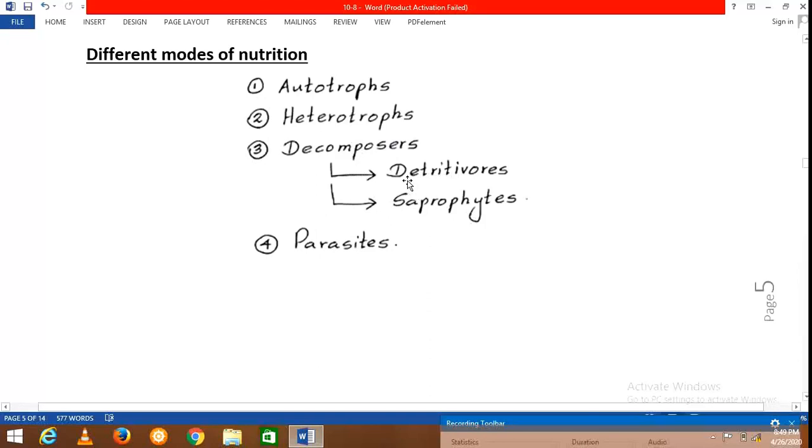Detritivores depend on dead or decaying organic matter, and saprophytes feed upon nutrients obtained from decaying organic matter. For example, we can take the earthworm as a detritivore, and bacteria and fungi, who are the main decomposers, come under saprophytes.